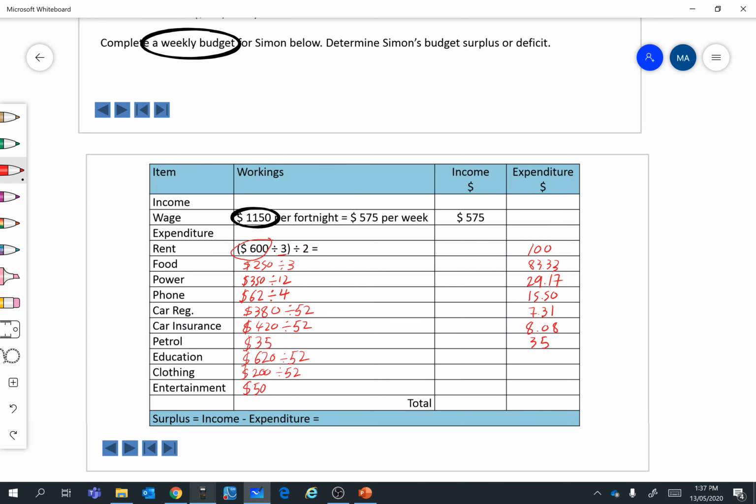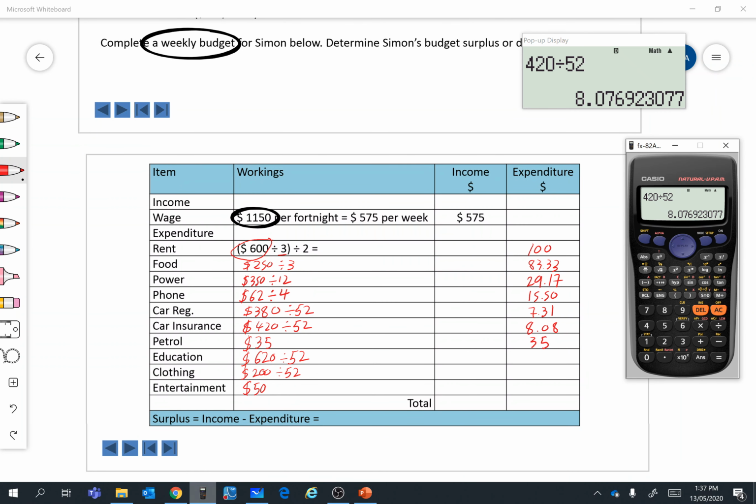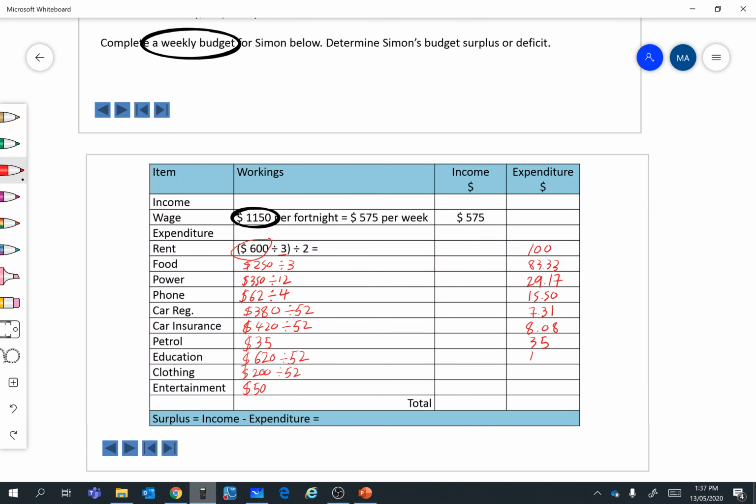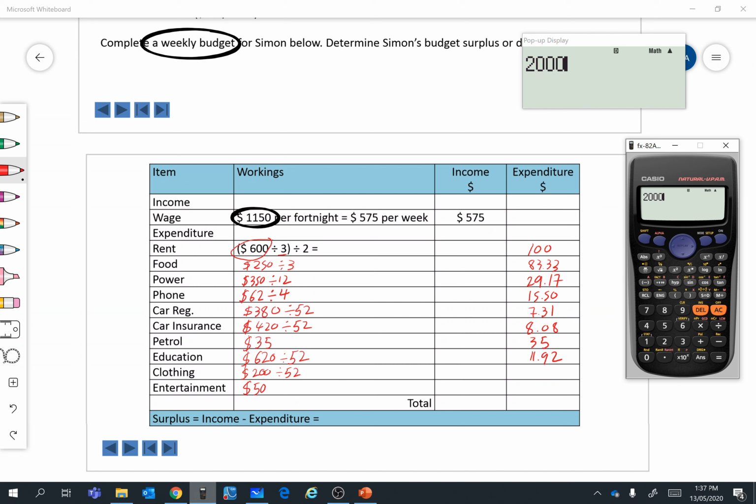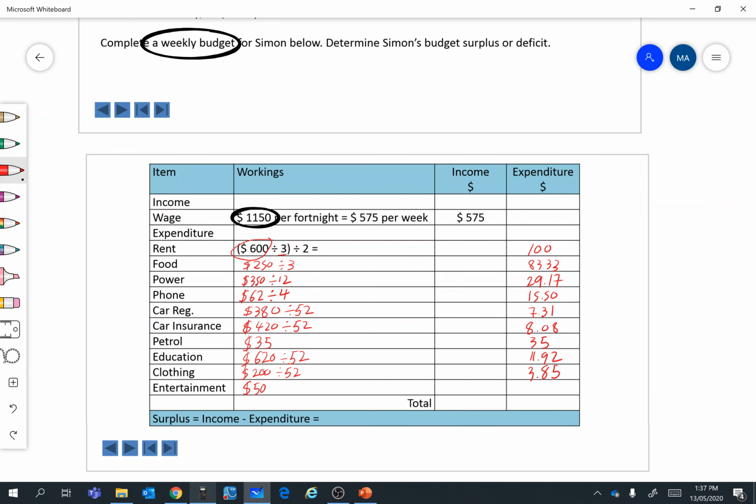This one's ready to go, straight in. Okay, 620 over 52 is 11.92. 200 over 52 is $3.85, and that one was $50, so that's done.